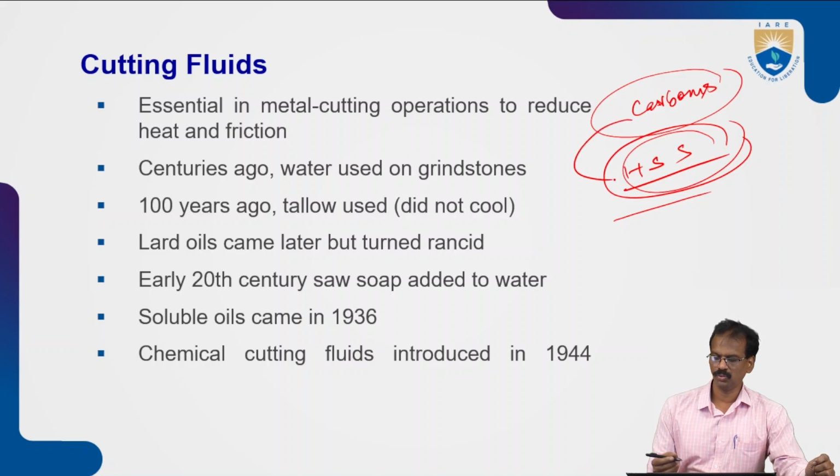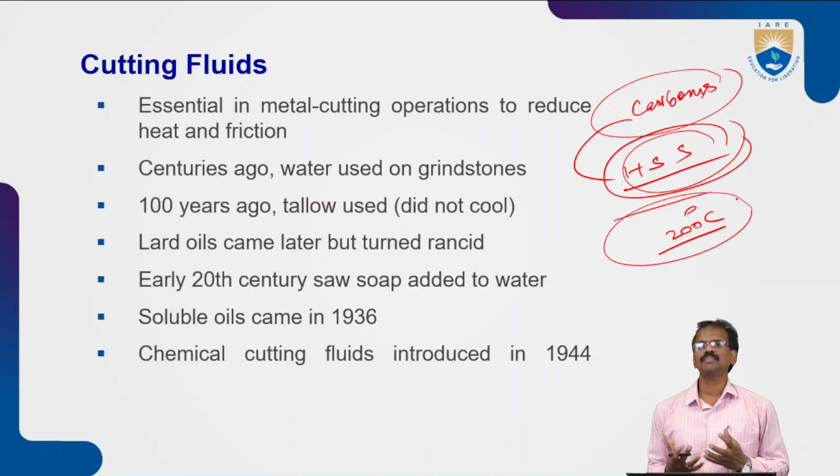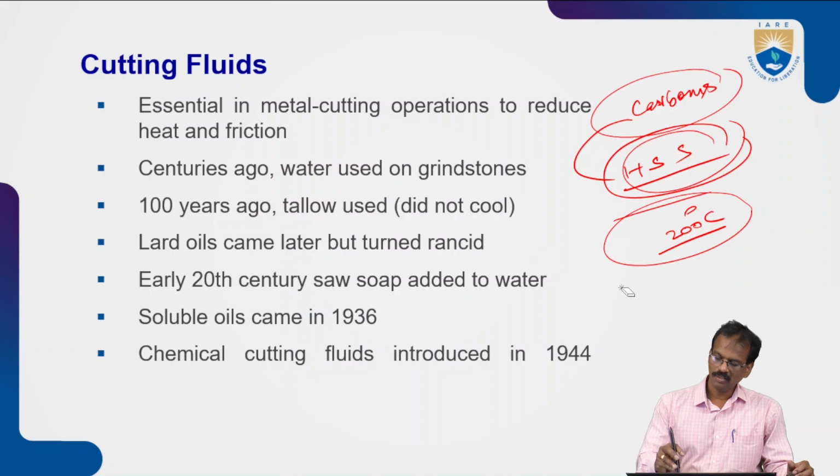For carbon tools, if the temperature of the tool bit increases above 200 degrees centigrade, the hardness of the particular tool will decrease. It will not return to the original condition. When the hardness of the tool decreases, automatically the wear rate of the tool will increase.